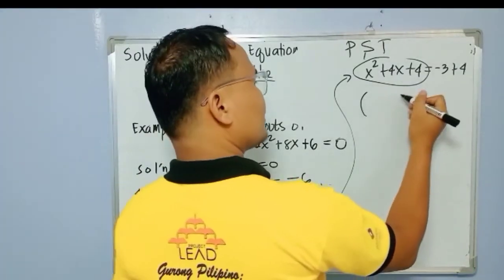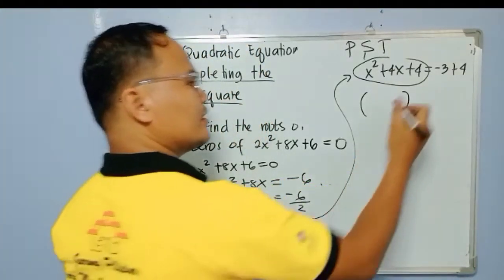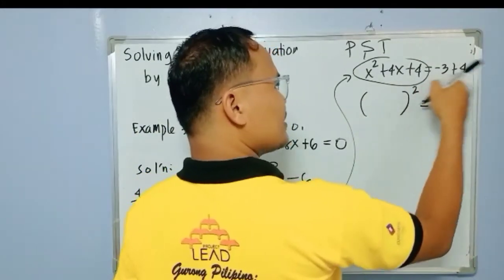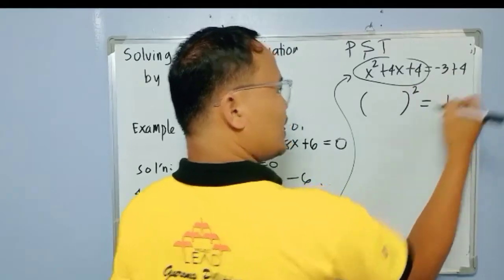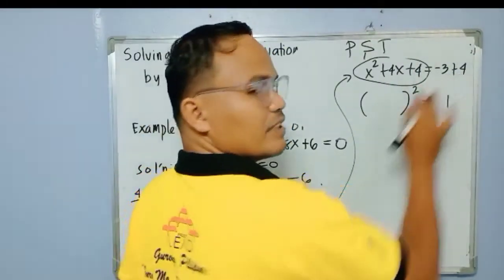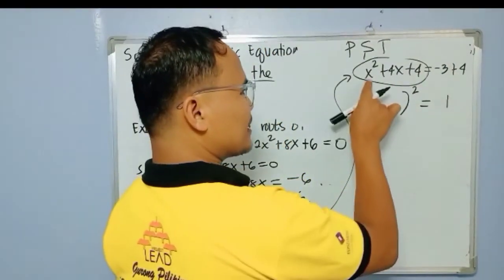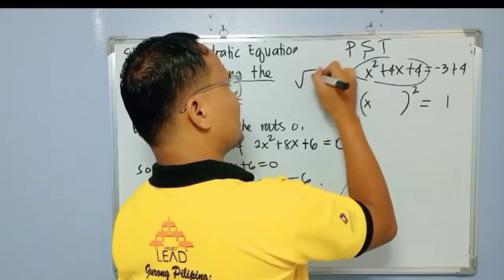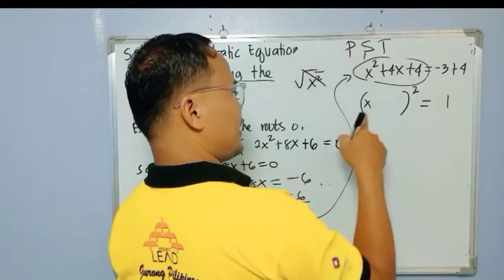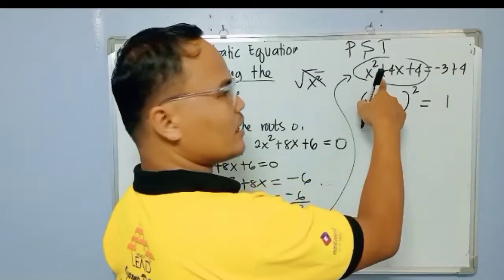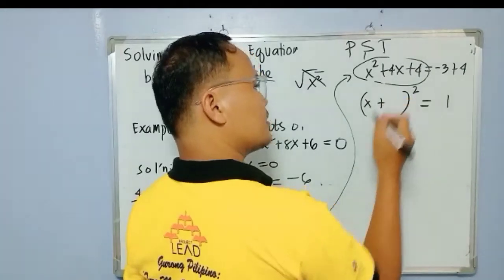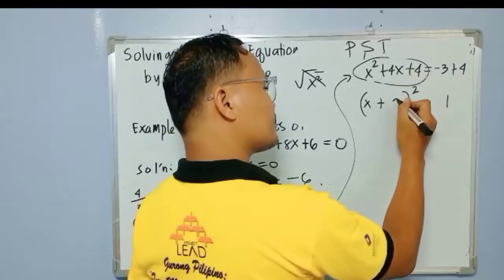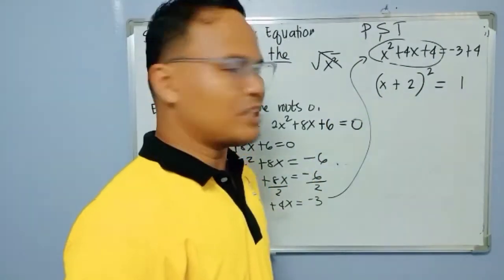So create a parenthesis, then put the exponent 2 equals, add the two numbers. Here the result is 1 by the rules of adding integers. Then get the square root of x squared, the result is x. What is the sign of the linear term? Plus, so you write plus. Then get the square root of 4, which is 2. So this is now our square of a binomial.